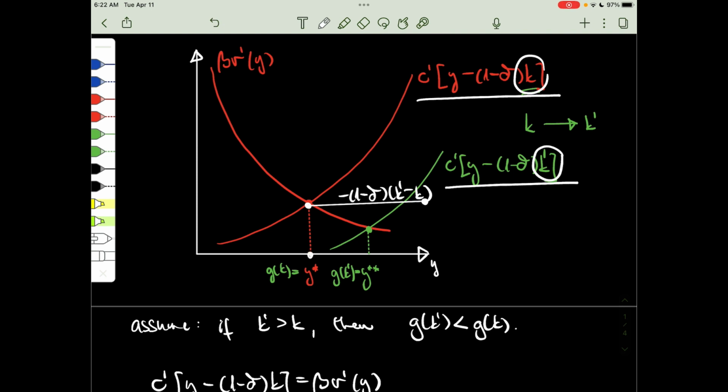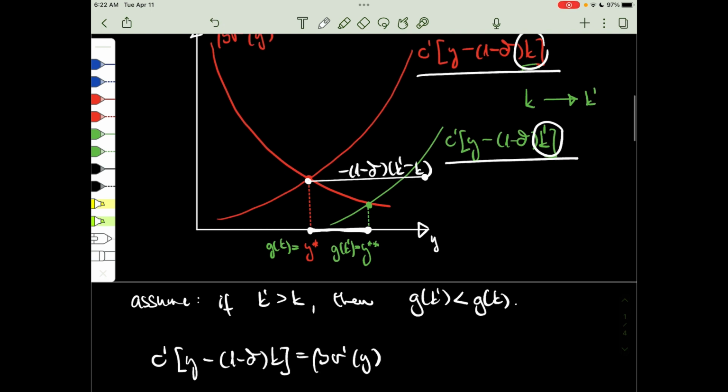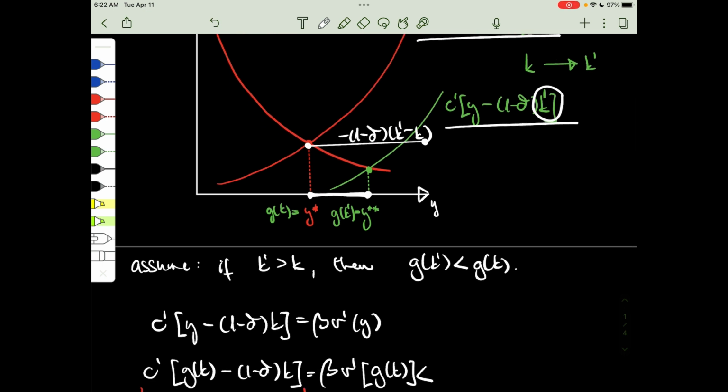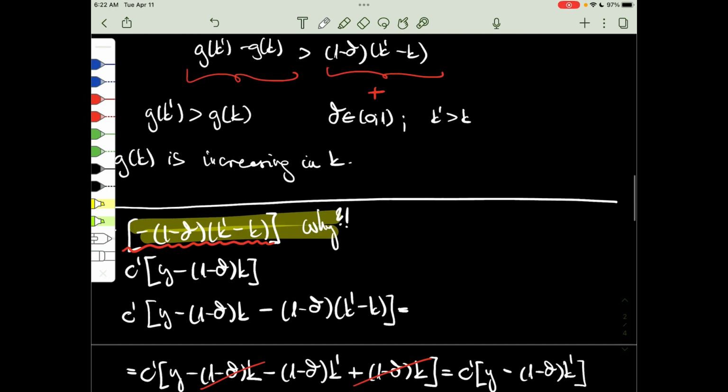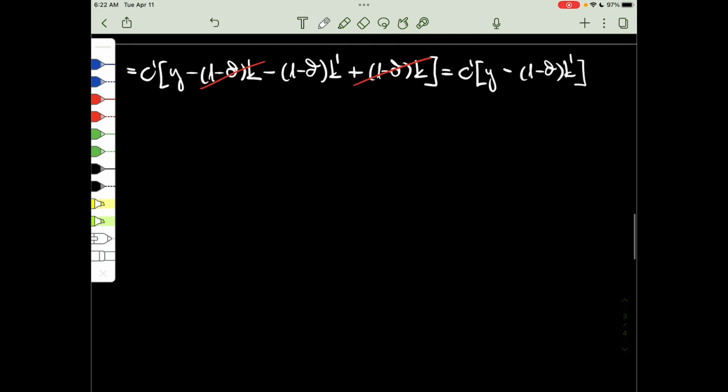At the same time, y along the horizontal axis also moves to the right, but the distance of the movement is lower than the movement of the function C prime. So what we know for sure is an inequality.